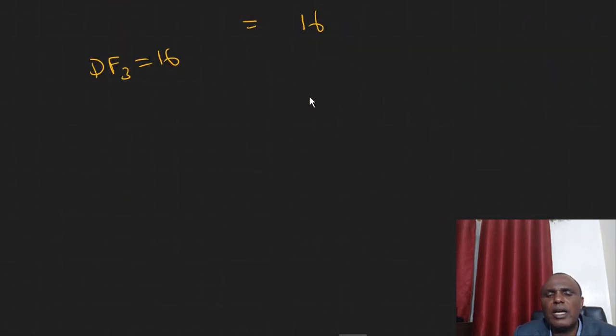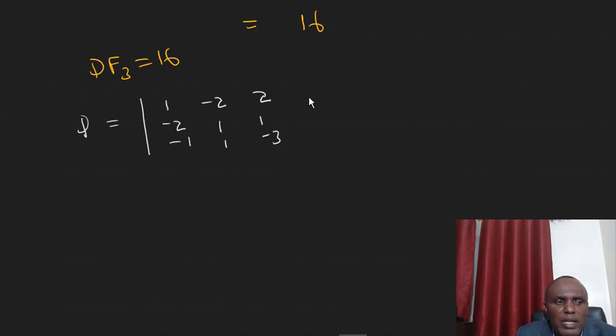Let us now get D, which is equal to the determinant of this matrix. I'm going to use the first row here to get my determinant. So I will use 1, -2, and 2. The sum of the products of these elements with their cofactors will give me the determinant.